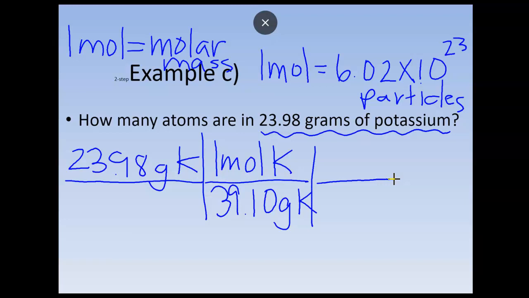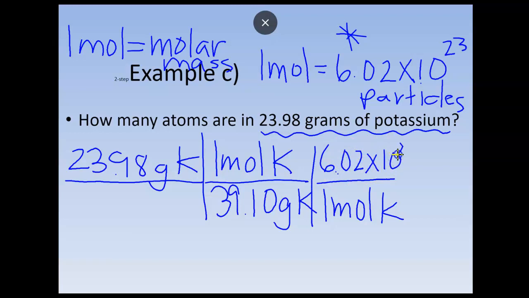But I need to solve for atoms, and I know this relationship right here, that 1 mole is equal to 6.02 times 10 to the 23 particles, in this case atoms. So 1 mole of potassium is going to be equal to 6.02 times 10 to the 23 atoms of potassium.